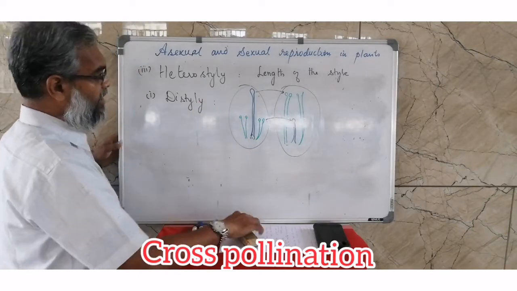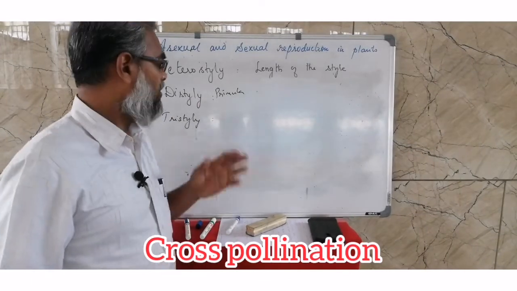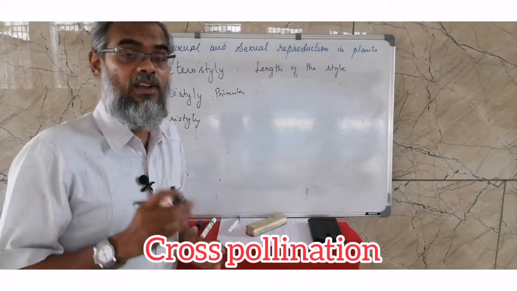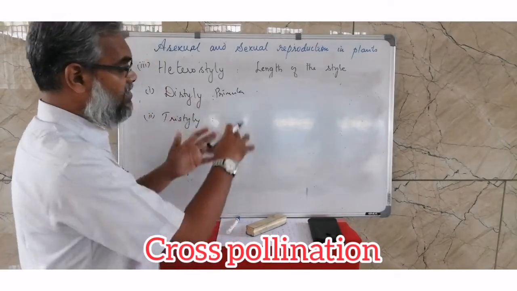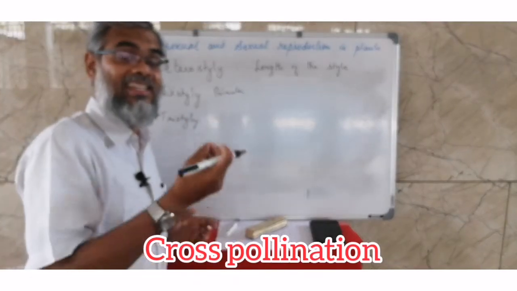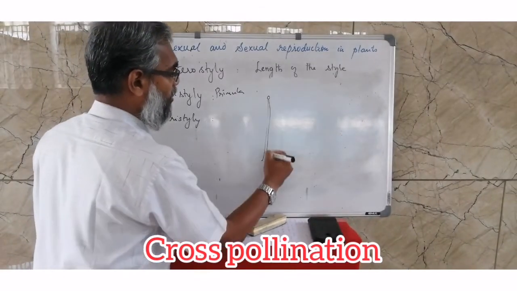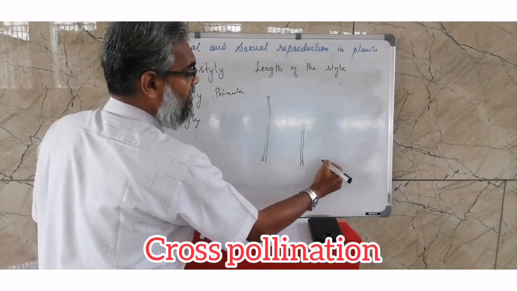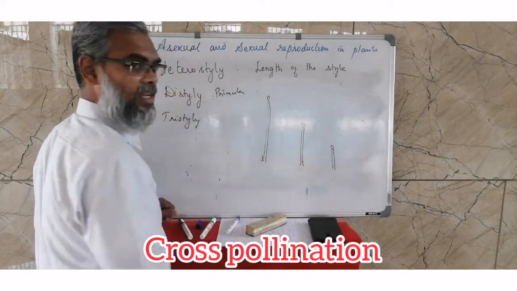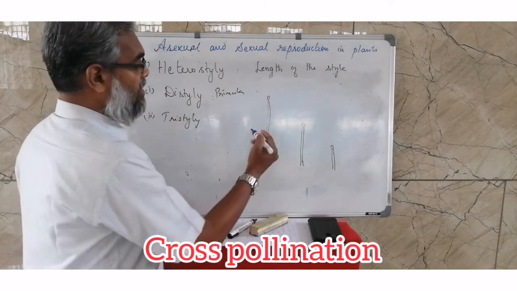This is one type. And the second type, dear students, is tristyly, where three kinds of flowers are produced with different style lengths. For example, one will have a long style, one a normal-length style, and another a short style. In this, how will the stamens be?